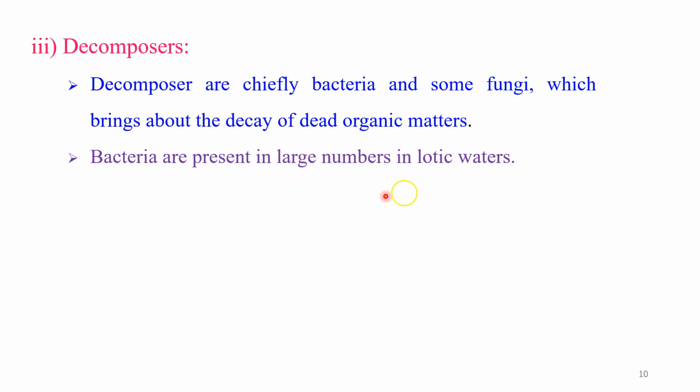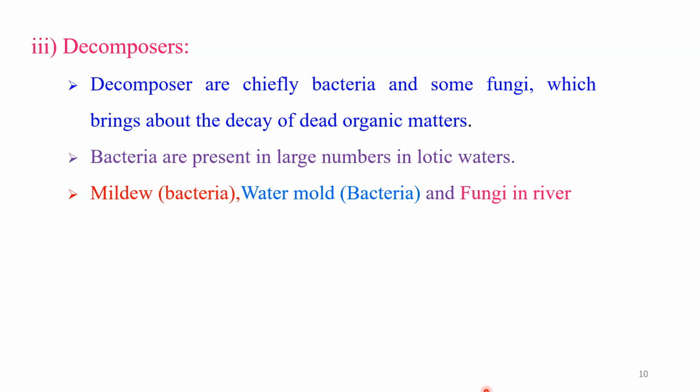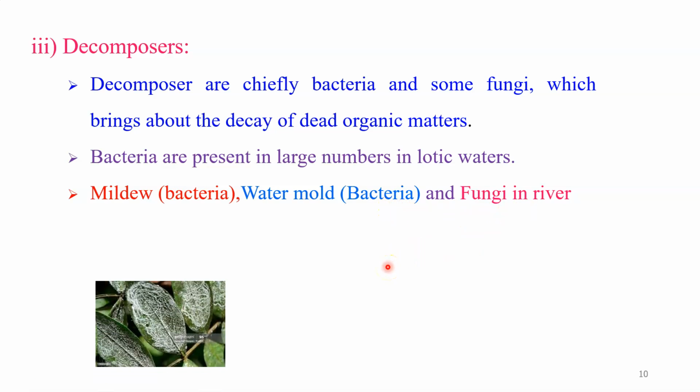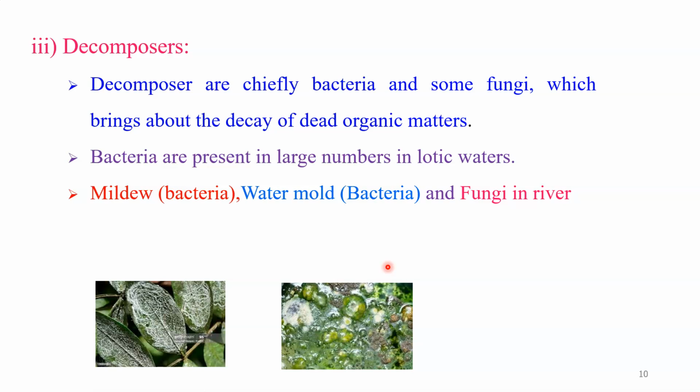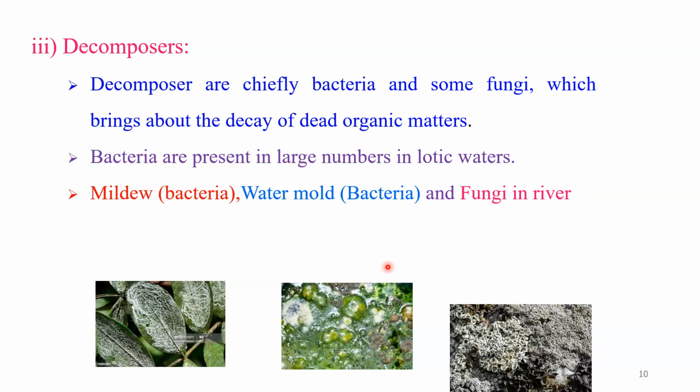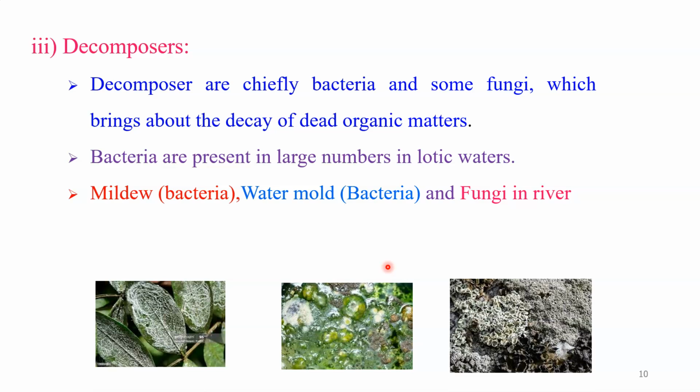Bacteria are present in large numbers in lotic water, the flowing water, and they play very important roles in this river ecosystem. Then we have the mildew bacteria, the water mold bacteria and the fungi. They play the role of decomposer, and they carry out the function of the river ecosystem very smoothly. They are very useful to conduct this function.